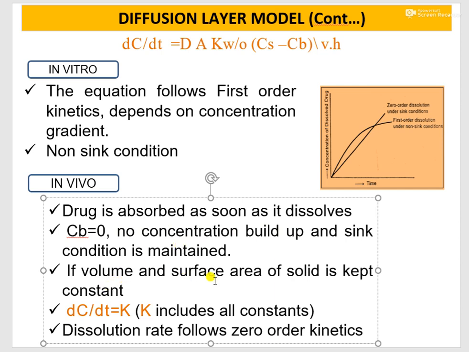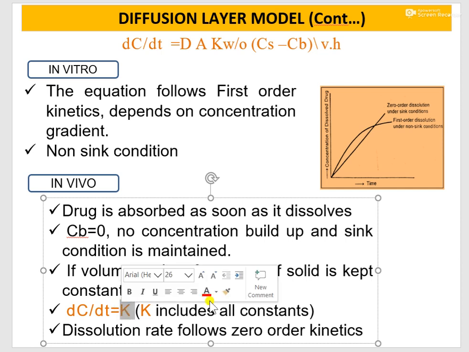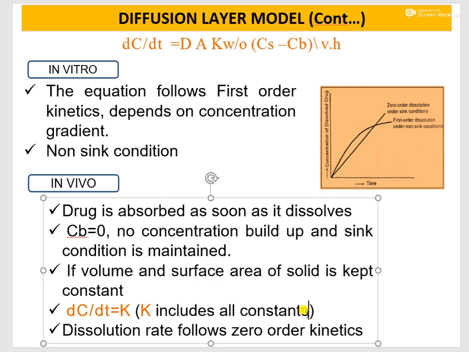If volume and surface area of solid are kept constant, we can write the above equation as dC by dt is equal to K, where this K includes all constants. And the dissolution rate follows zero order kinetics because Cb is equal to 0 and there is a sink condition.